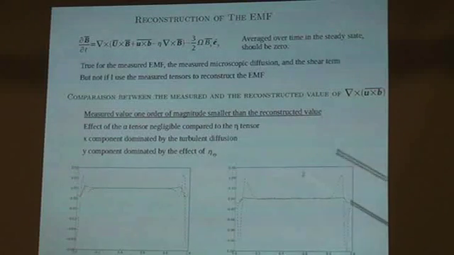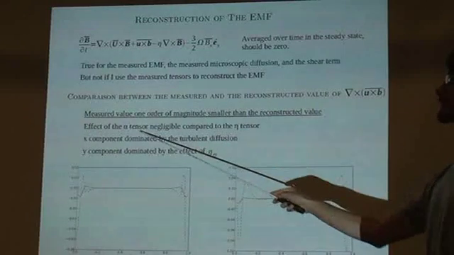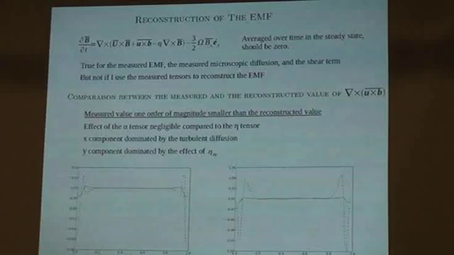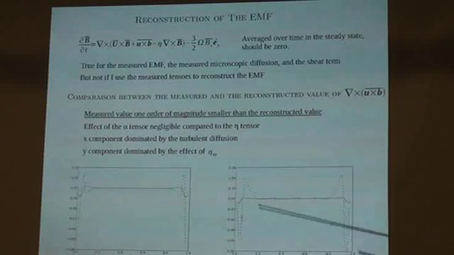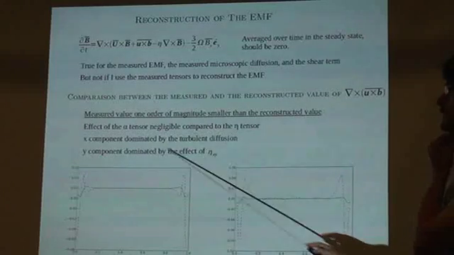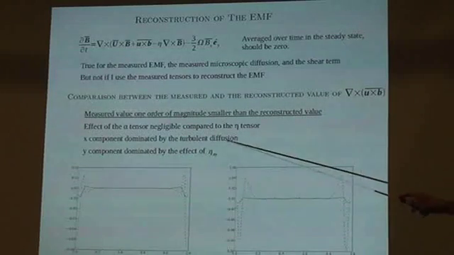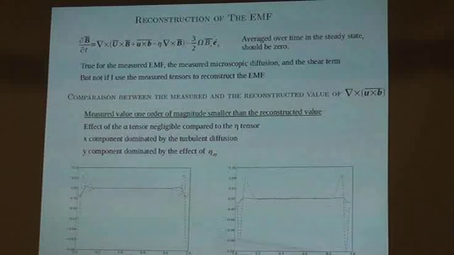The other interesting point is that the effect of all the components of the alpha tensor is always negligible compared to the effect of the eta tensor. For the x component, it's the turbulent diffusion that dominates, and for the y component it's this eta xy, which was quite strong, that dominates.